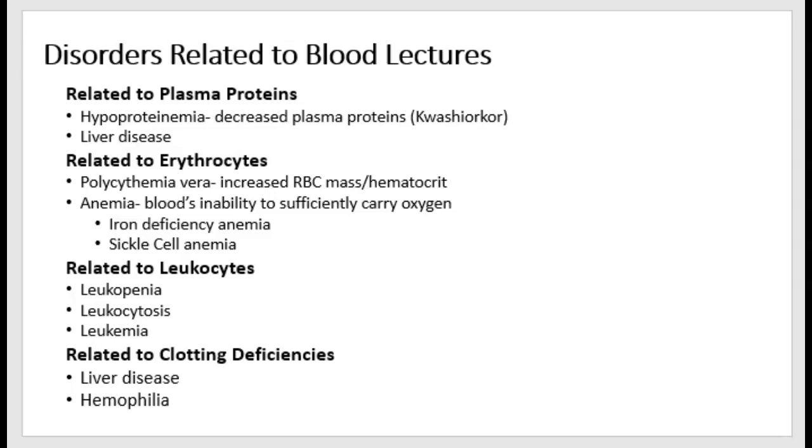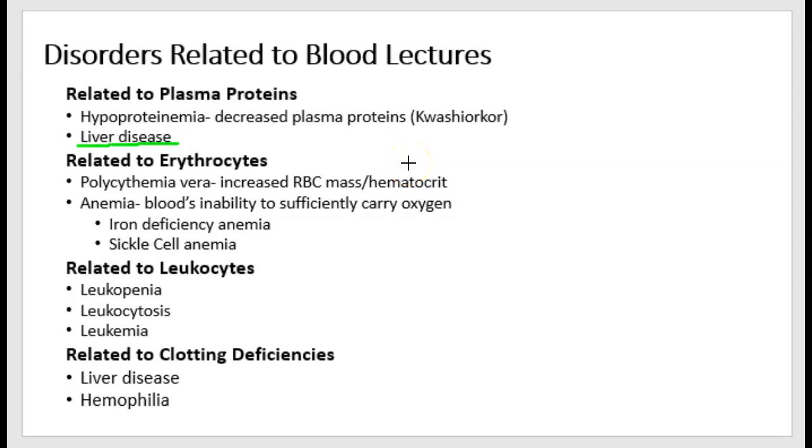So let's first start with disorders related to blood and all the blood lectures that we had. We had some related to what's in the plasma, and that would be the plasma proteins in particular. We know that the liver is responsible for making several plasma proteins, albumin, clotting factors, and several others.